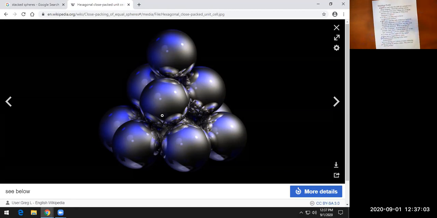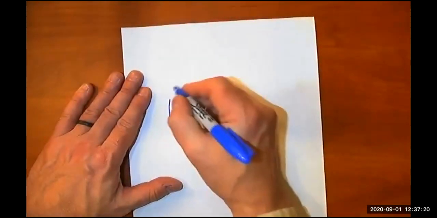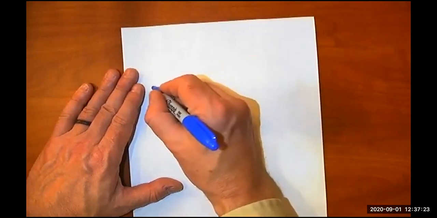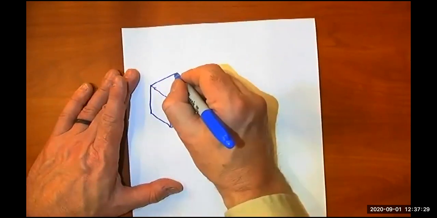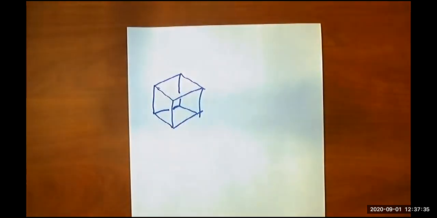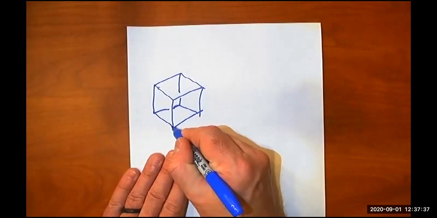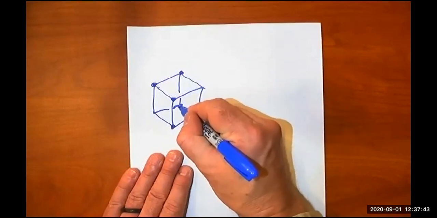So what we can do is, let me put this back. Let's start by looking at simple cubic. All right, simple cubic is something like this, and there is a sphere centered on each of the corners.